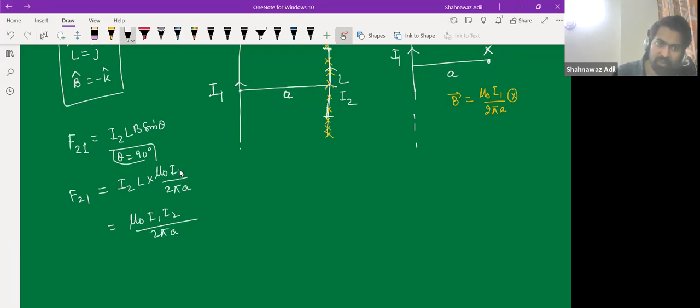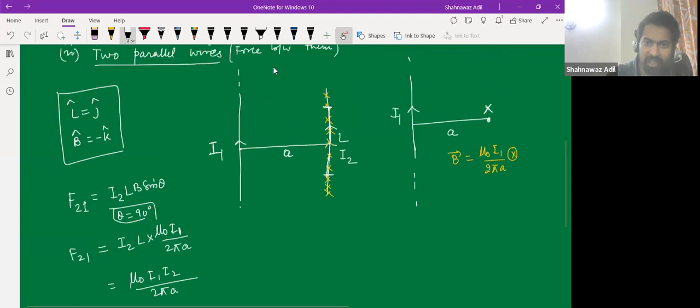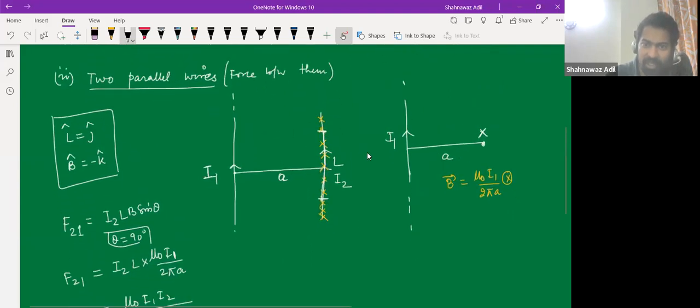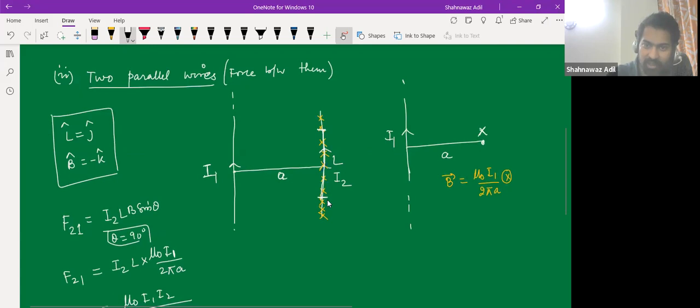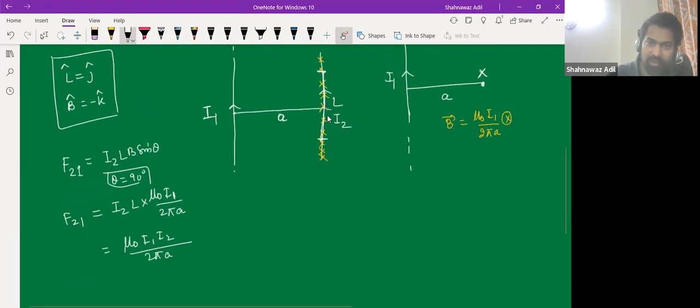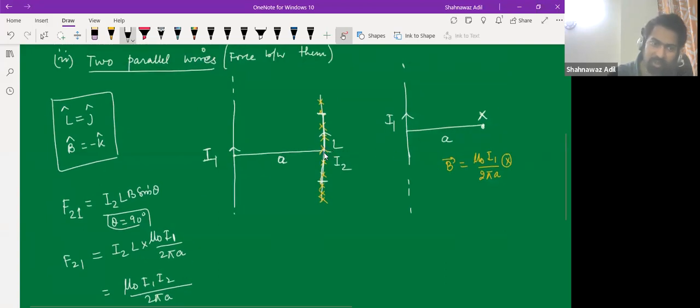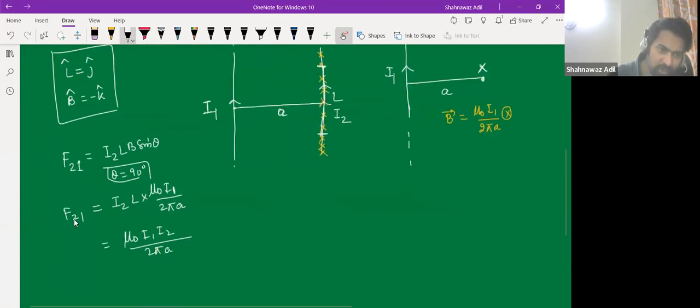No, sir, that I2 into L cross B. You see that I am calculating the force on this wire. So I2 current I will take. The force is on 2 due to 1, right? Clear?